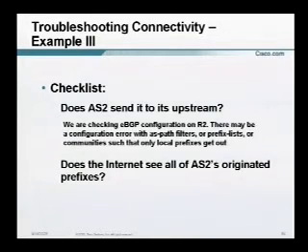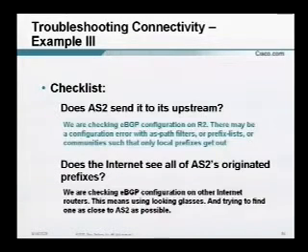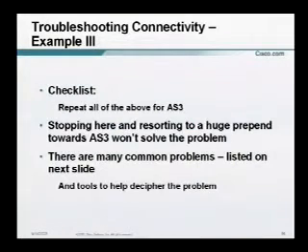Does AS2 send it upstream? Checking configuration. Does the internet see all of AS2's originated prefixes? We're checking eBGP configuration by looking on other internet routers, which usually means looking at the looking glasses. They're the best ways of trying to find out what's going on. Checklist: repeat all of those above for AS3.